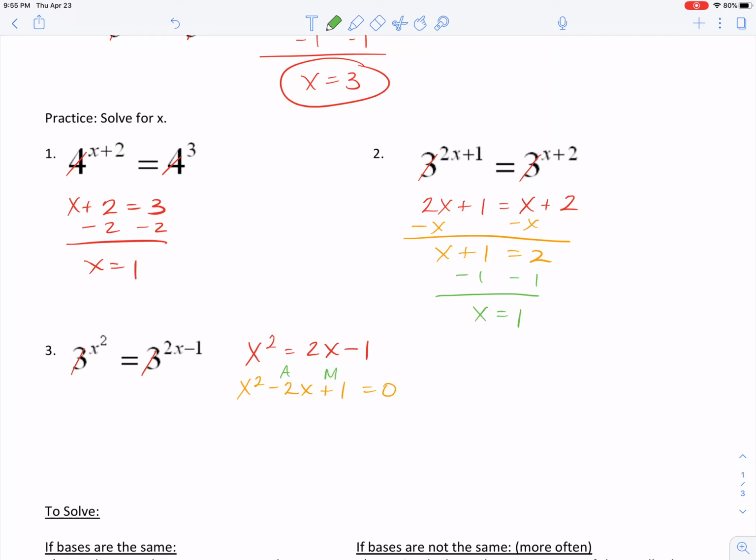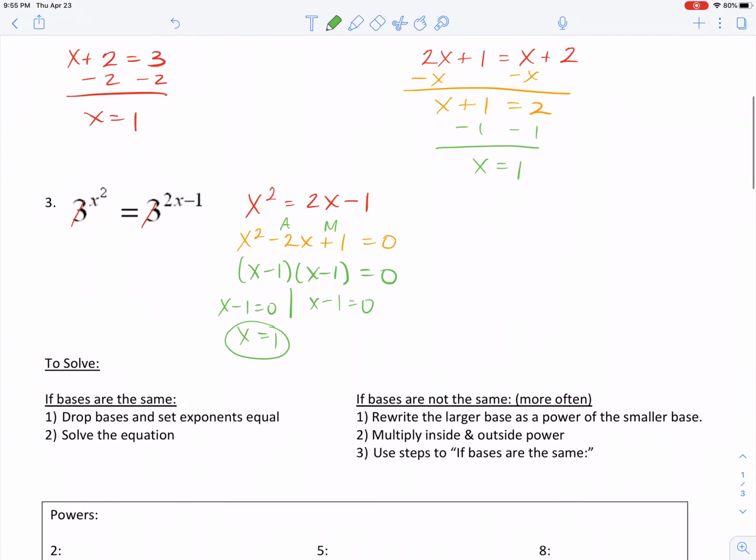Here I'll use add-multiply and get that it would be x minus 1 times x minus 1 equals 0. And then get that x minus 1 equals 0. The other factor is the same, so we're only going to get one solution, that x equals positive 1. Okay, so that's if you have an x squared. I don't think any of the other examples today are going to have that, but that could show up.